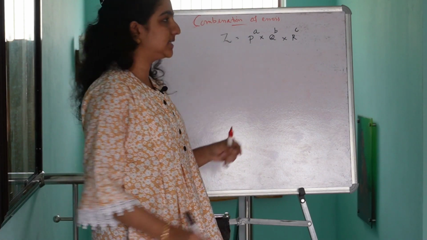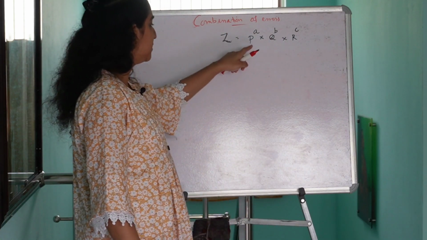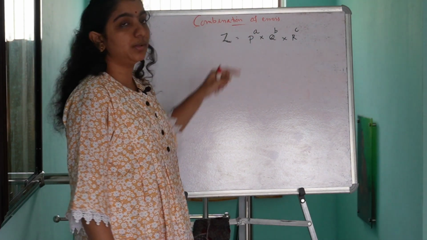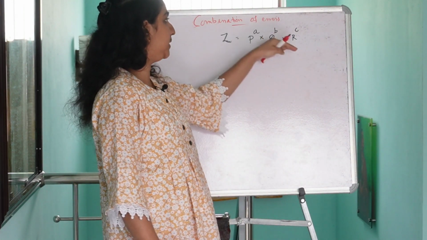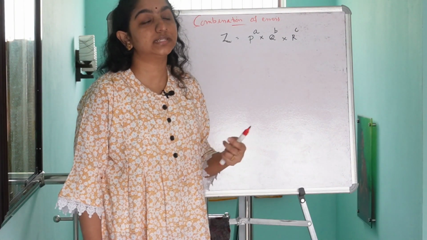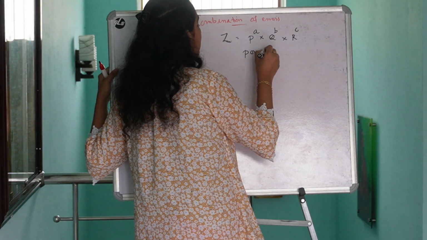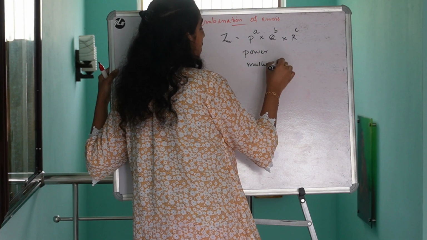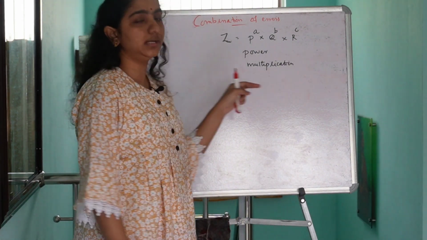The resultant z is equal to the measure of the physical quantity p to the power a into the measure of the physical quantity q to the power b into the measure of physical quantity r to the power c. Here we can say 2 operations are involved, that is power and multiplication, isn't it?